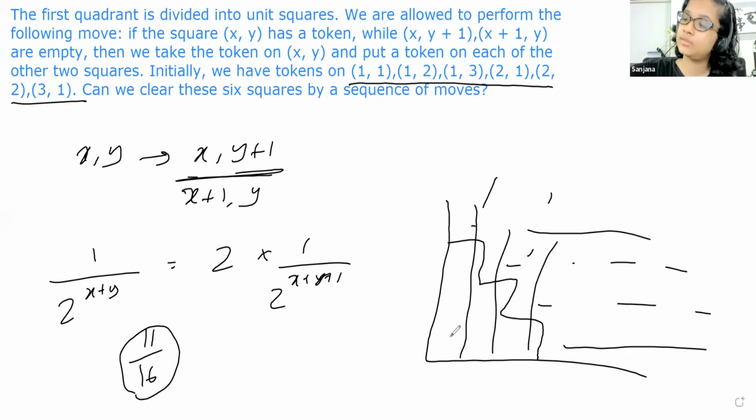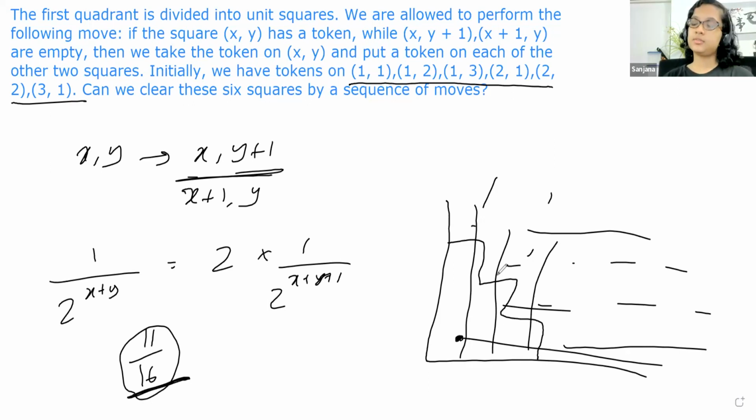So first you find the sum of everything, the value if there were tokens on everything, and then you subtract 11 by 16, and you get something that's less than 11 by 16. But obviously you can't get that because this is invariant. So you're done. The only tricky part is doing the infinite summation, but that's not that hard. I think you should be able to do it.